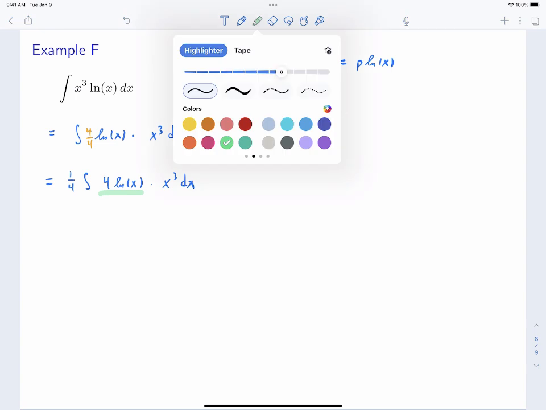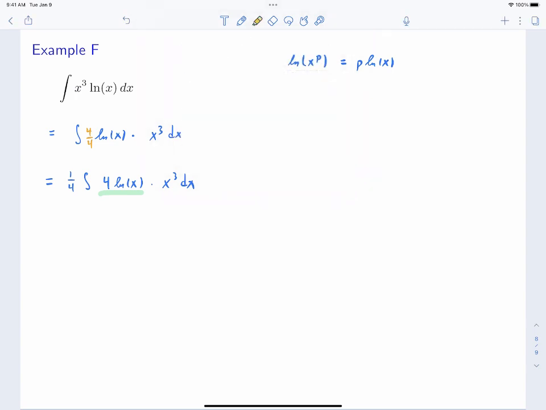Because I'm going to use my properties of logarithms with p equal to 4. And then what does that tell me? That tells me that 4 times ln of x is equal to ln of x to the fourth. So I'm going to take this 4 and bring it in right there.